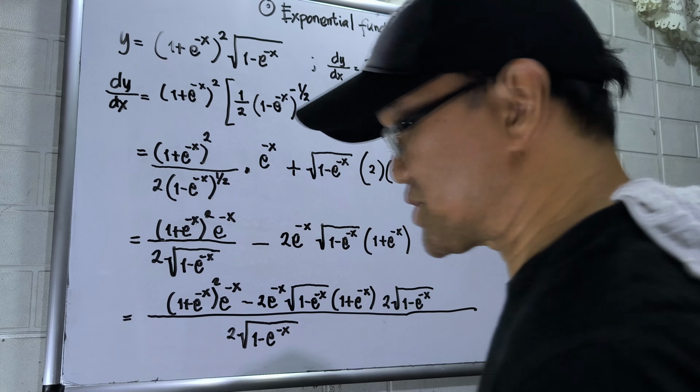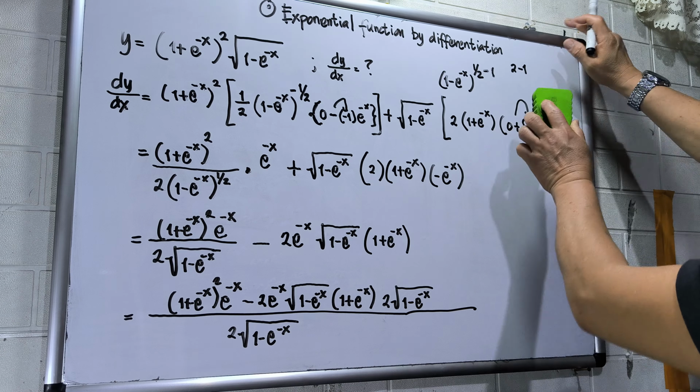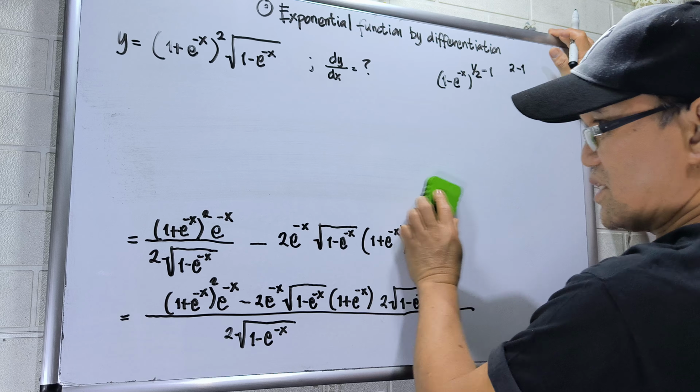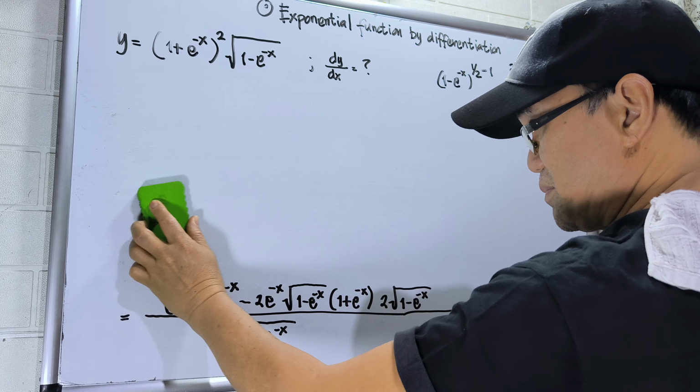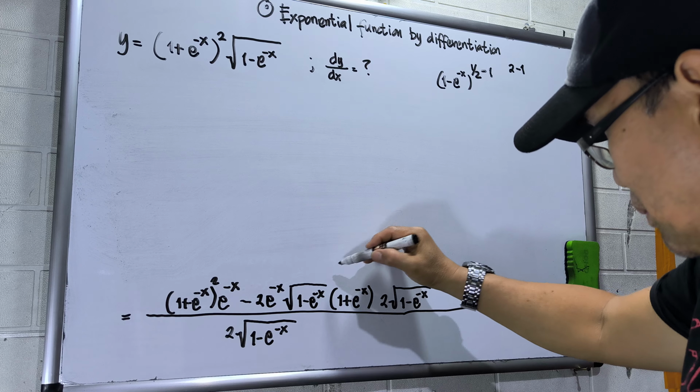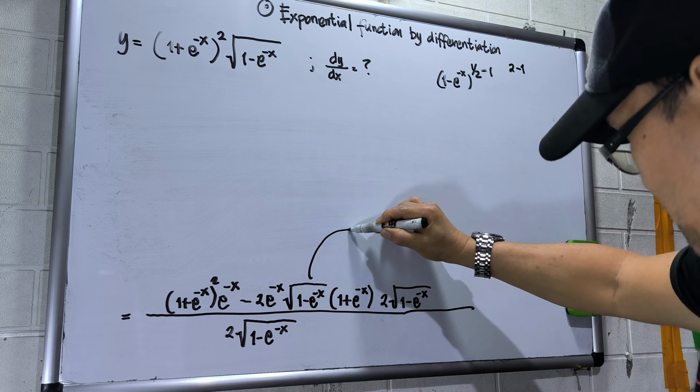Okay, I will erase this part because I have only small space for my solution. So this one will be multiplied by this one, right?